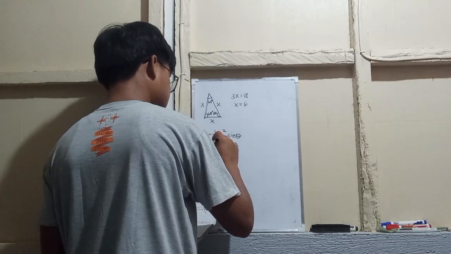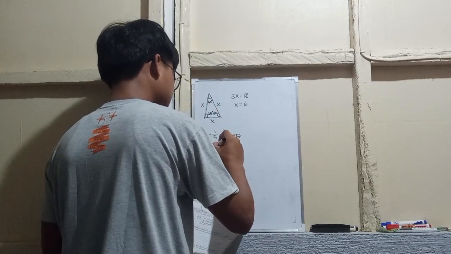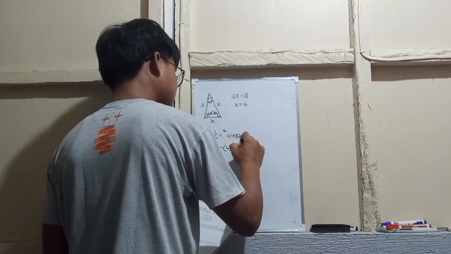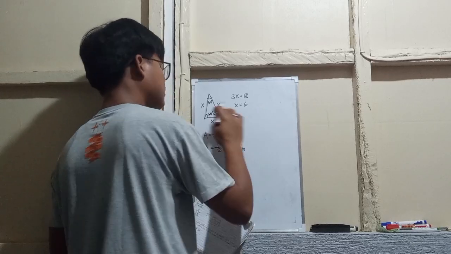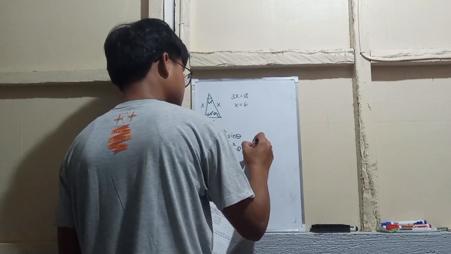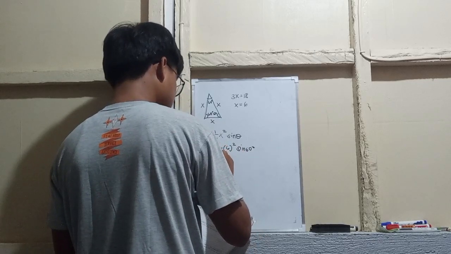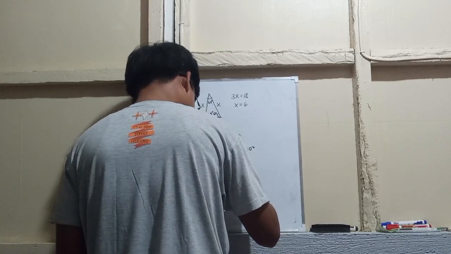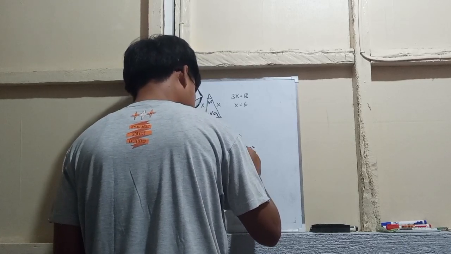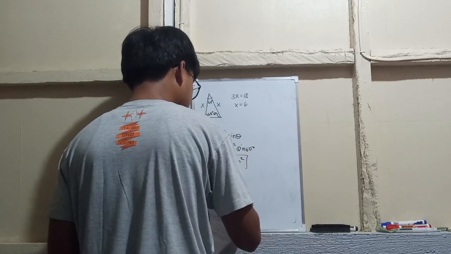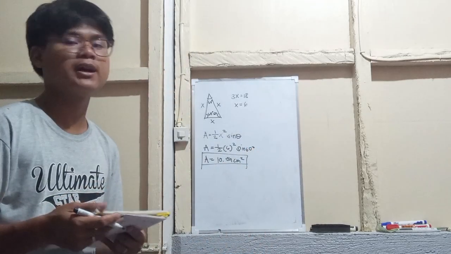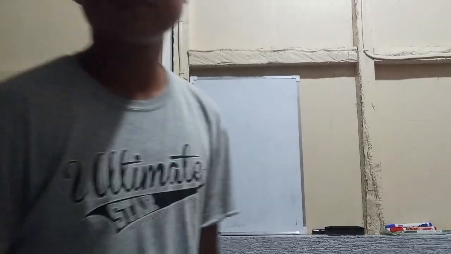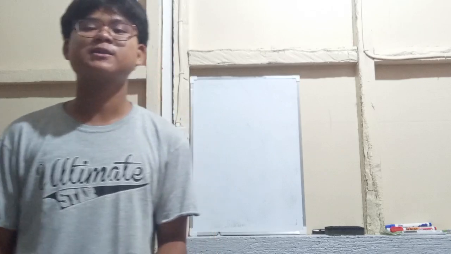So, substitute x equal to 6 squared, then theta is equal to 60. So, substitute and then solve it. We can get the value of 15.59 centimeters squared. So now we have the area of the triangle, which is 15.59 centimeters squared. So we'll proceed to the next problem.